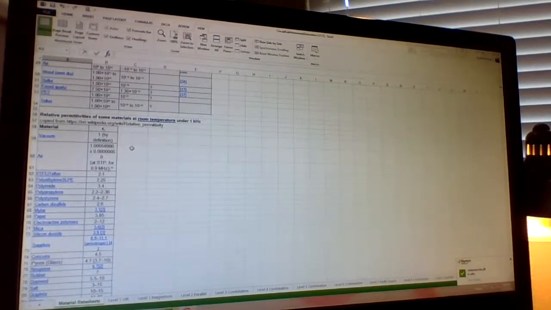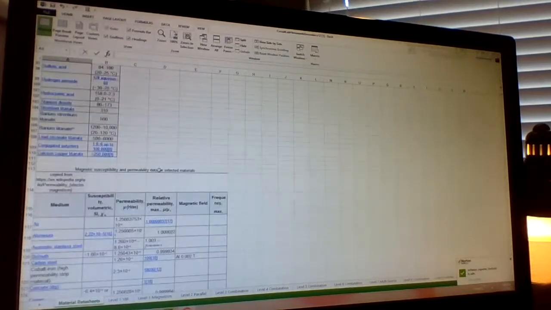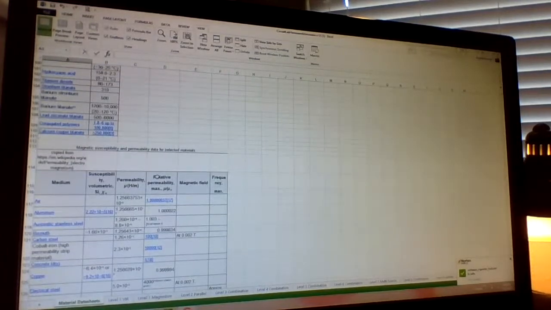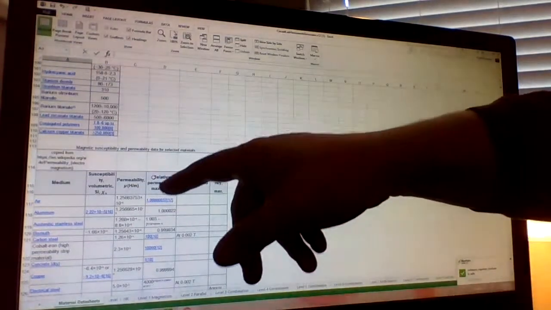The other thing is that it's got the relative permittivities, epsilon, in case you were ever trying to figure out the capacitance or dielectric properties for electric fields. And then since we've got permittivities, we've got permeabilities for magnetic.